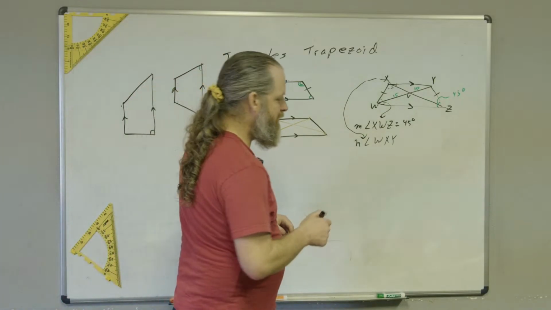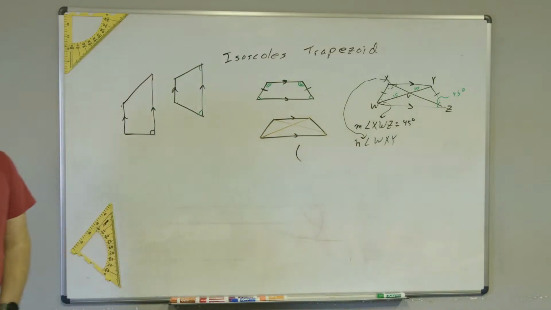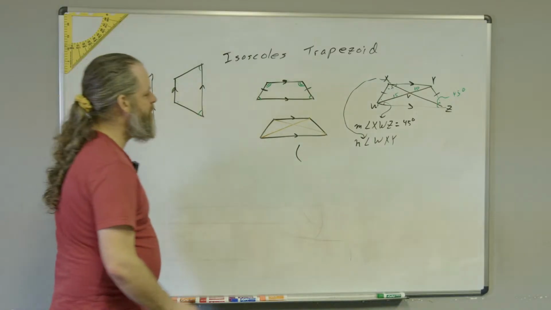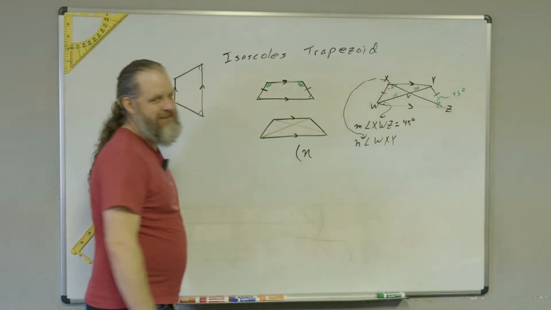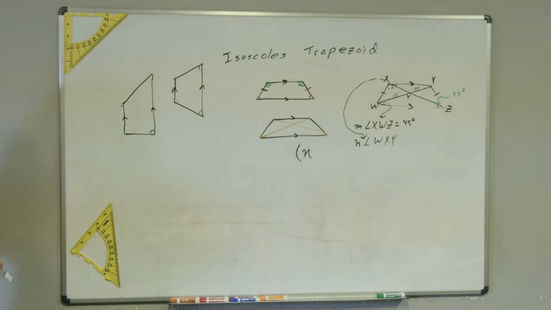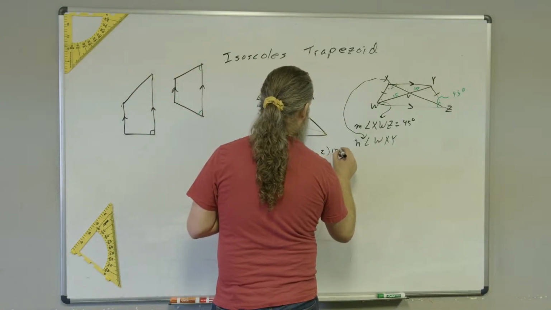I'll give you a hint. It starts with a parentheses. And then the next thing is that. Yeah, n minus 2 times 180.